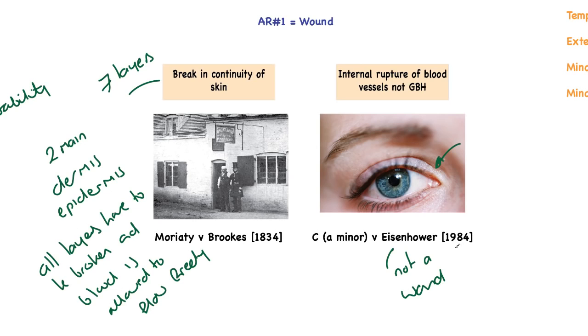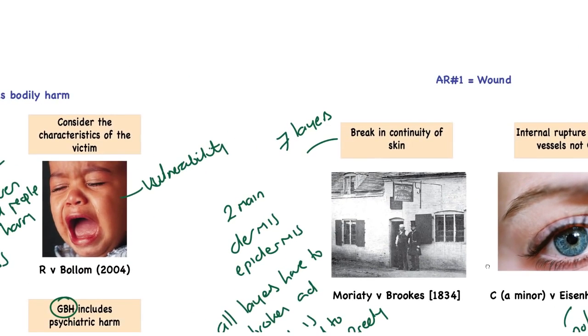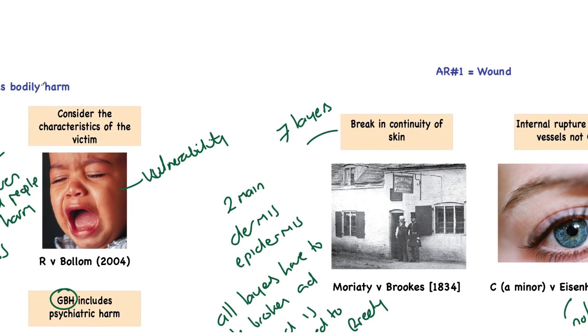Now I hope you can see the importance of charging the defendant correctly. There are some interesting questions about what is a nosebleed, and is a nosebleed internal, and when does a nosebleed become a wound, and those sorts of things. So that's quite interesting. But in short, what you will have noticed is that there are occasions on which there is overlap between the wound and the grievous bodily harm.